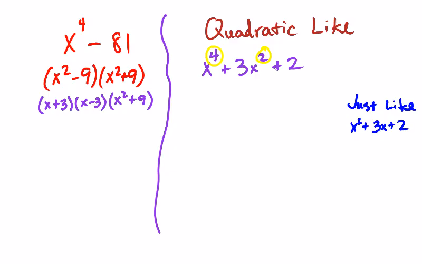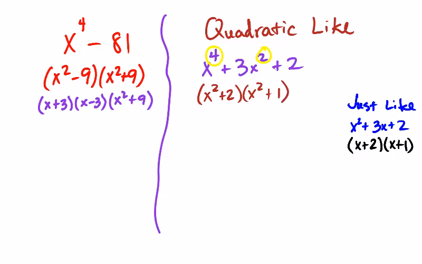And those two numbers add to 3. And so we write x plus 2 and we write x plus 1. There's nothing different in regards to these problems. All you do is you're going to use x squared instead of x. So it would be x squared plus 2 and x squared plus 1.